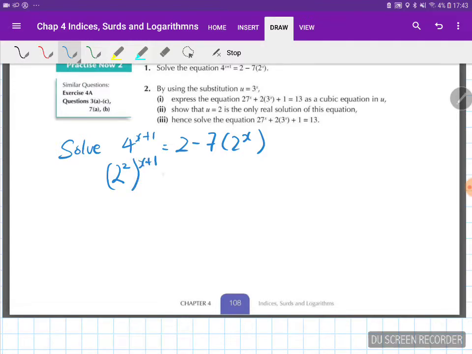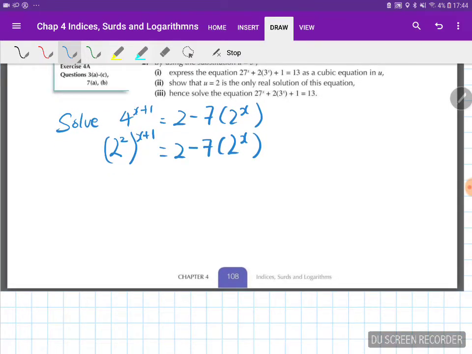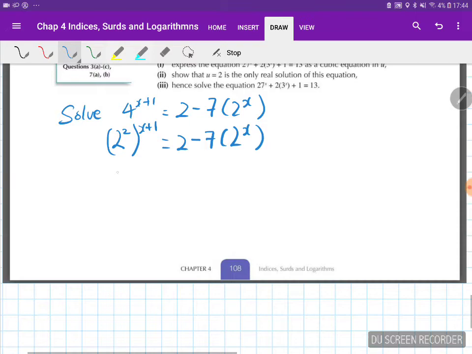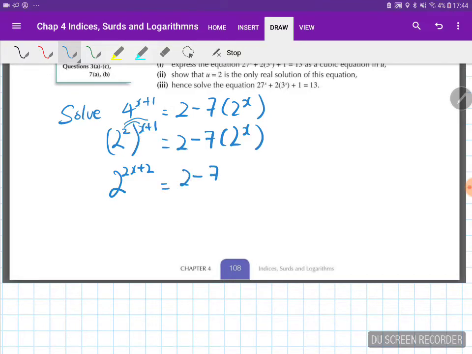So replace the 4 with 2 squared. Then I'm going to use the power law to remove the bracket. So 2 times x plus 1 is not 2x plus 1, it's 2x plus 2, because I multiply 2 to x and multiply 2 to the 1. So it looks something like this.